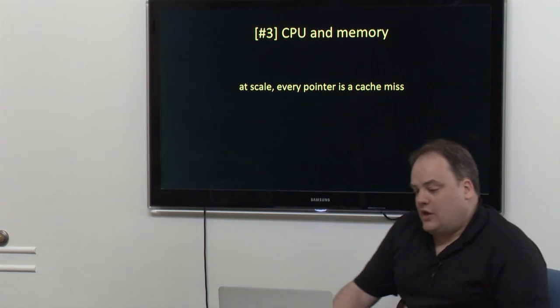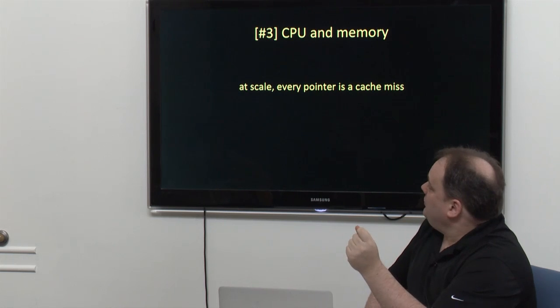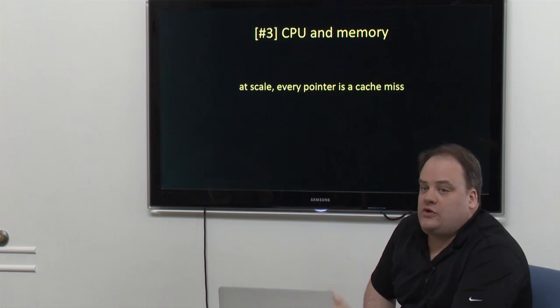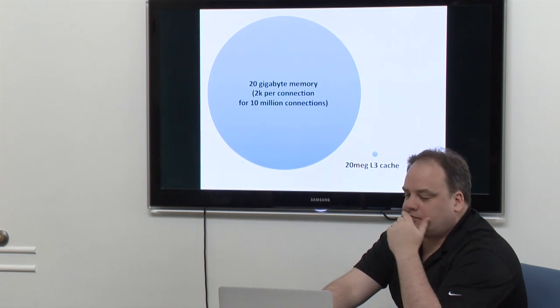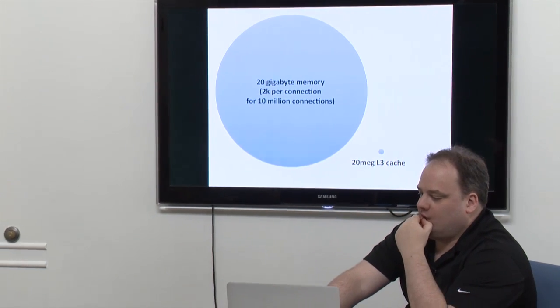So the third thing, I was discussing 3 things: packets, threads, and now memory. At scale, the important point is that every pointer that you access is a cache miss. This is important. We've seen in, say, hash tables, quite a lot of references to collision lists.